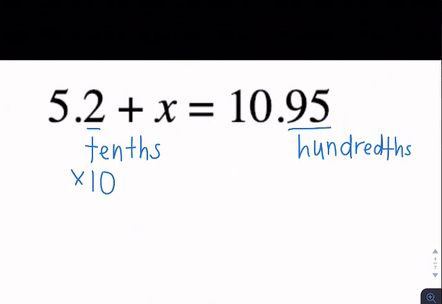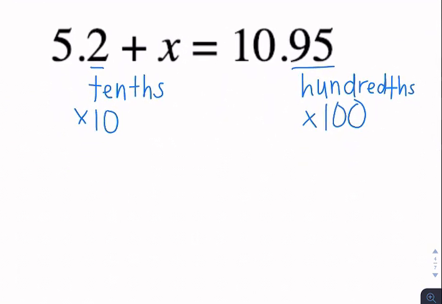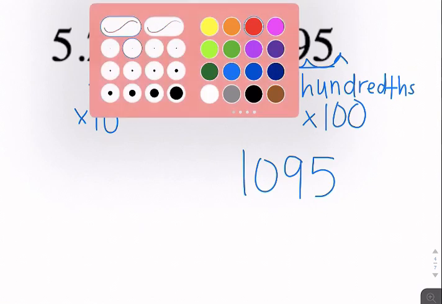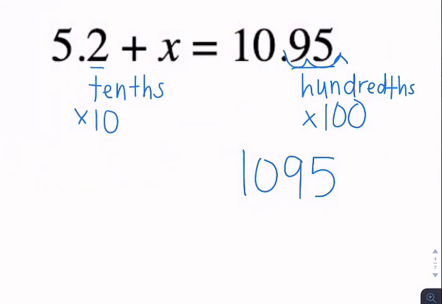To get rid of a number in the hundredths place, I multiply by 100. 10.95 times 100 would move the decimal 2 places to the right, and this becomes 1,095. But whatever I do to one thing, I have to do to the other, just as a reminder for us. So whatever number goes out further in our place value, we want to multiply by that number so that we can get rid of all of the decimals.